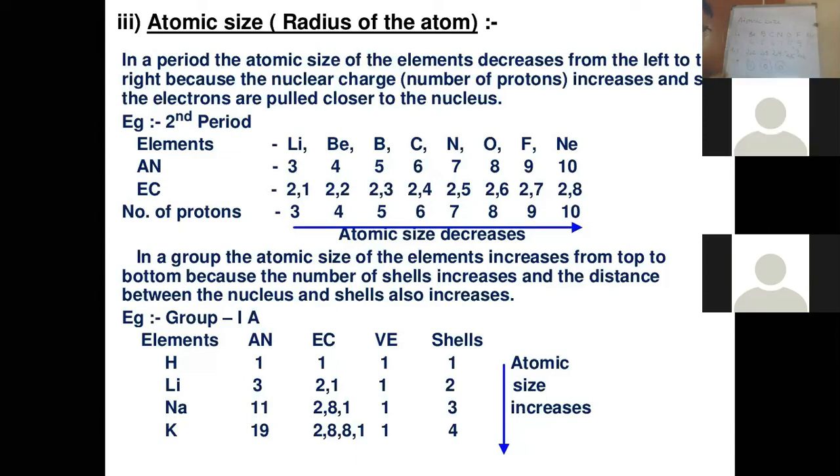Here, how many electrons are there? 1. Here, 2 electrons are there. Here, 3 electrons are there. As you see, the number of valence electrons is increasing. So the force between the nucleus and the valence electrons also increases with the increase in valence electrons.